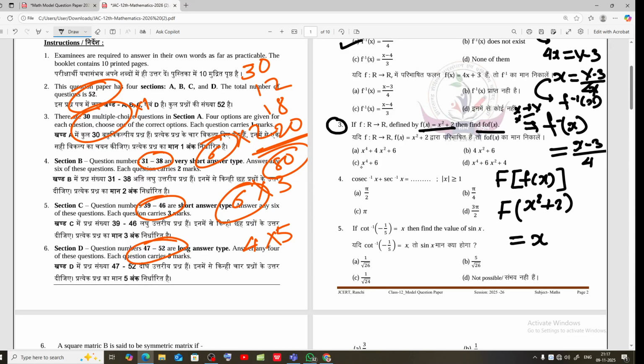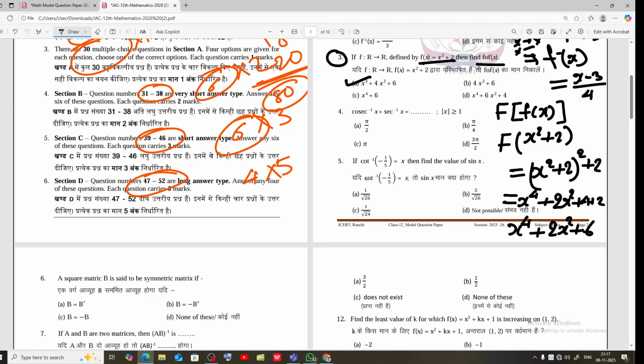This equals (x square plus 2) whole square plus 2, which is x to the power 4 plus 4x square plus 4 plus 2, that means x to the power 4 plus 4x square plus 6. Option A is correct.